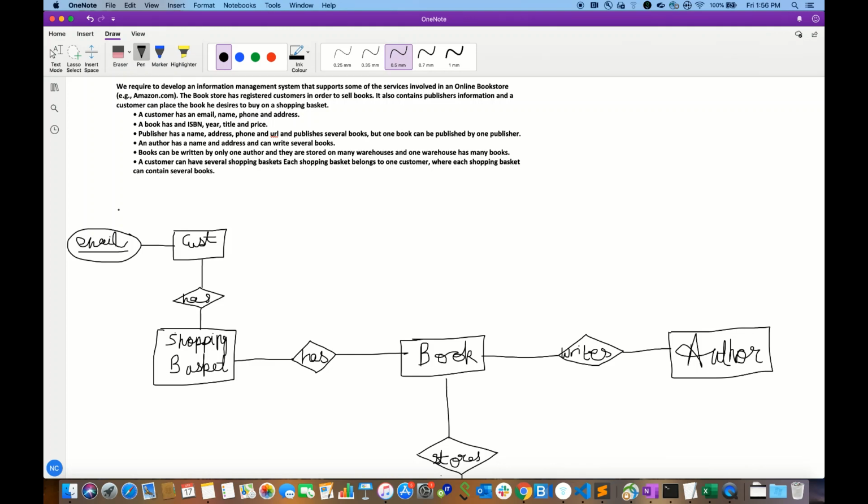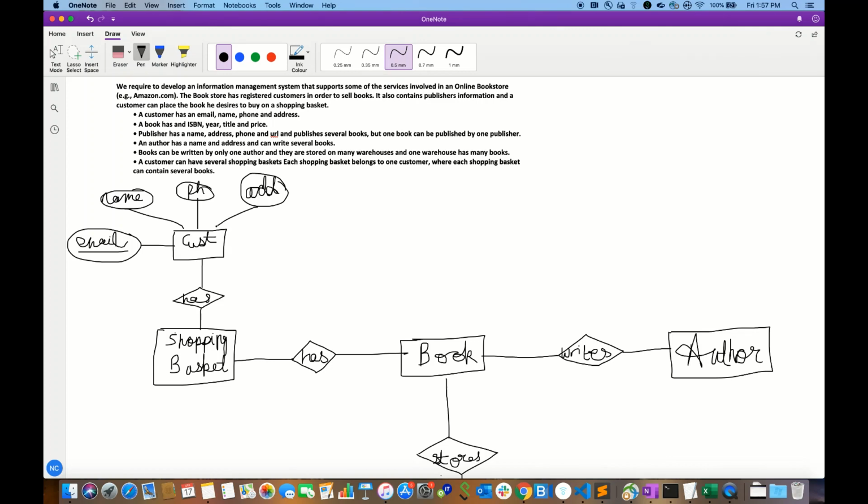And name, phone, and address. So I think we are done with the customer.